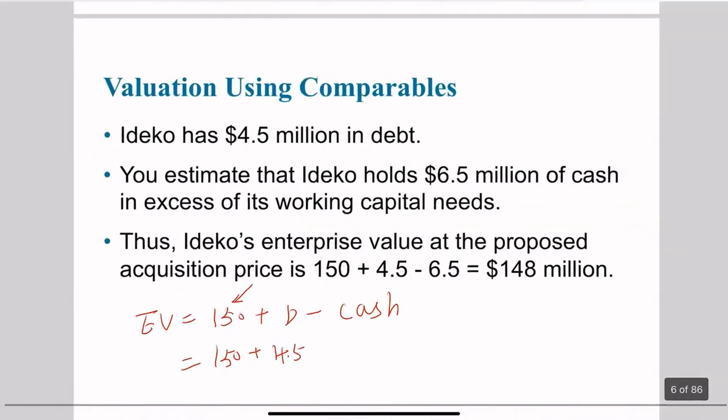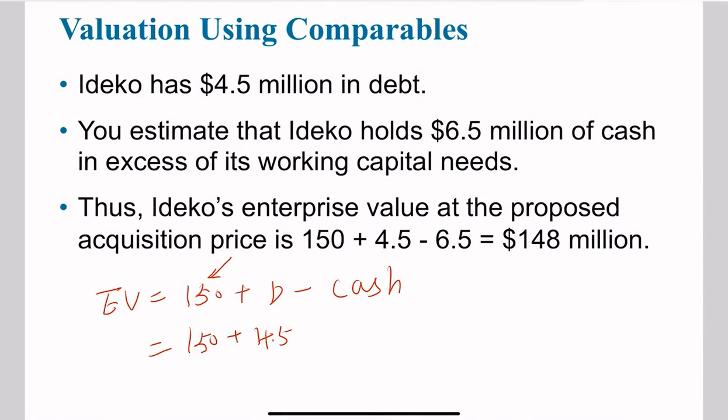But you will not use this number because you cannot use all the $12.6 million, because you have to leave some money to satisfy your working capital needs. So here the case note says you estimate that Idaho will only hold $6.5 million of cash in excess of its working capital needs. So here the cash amount is given by 6.5.